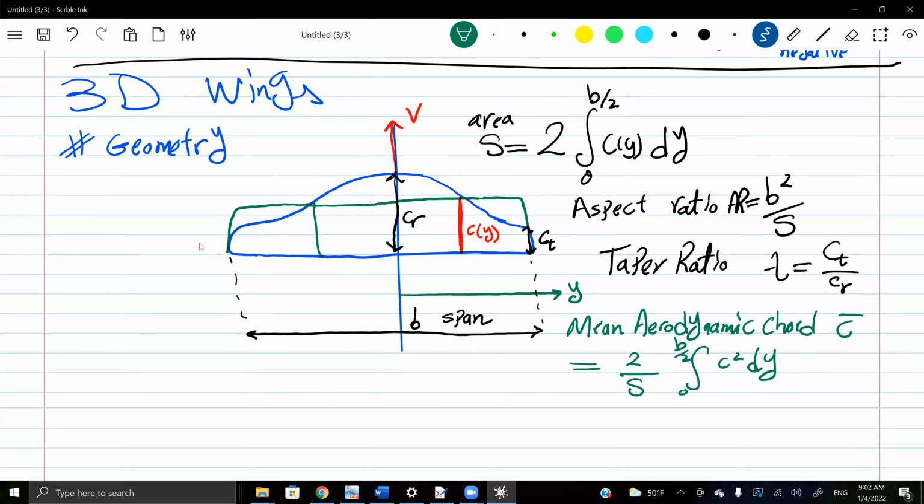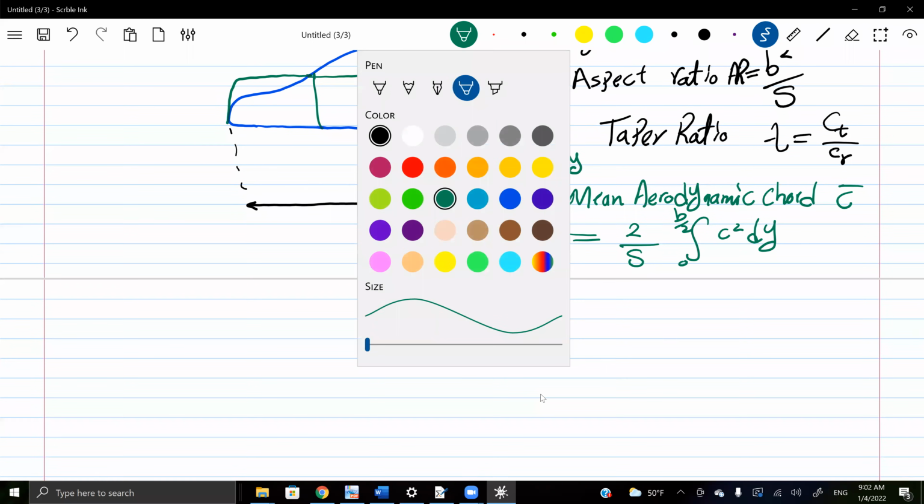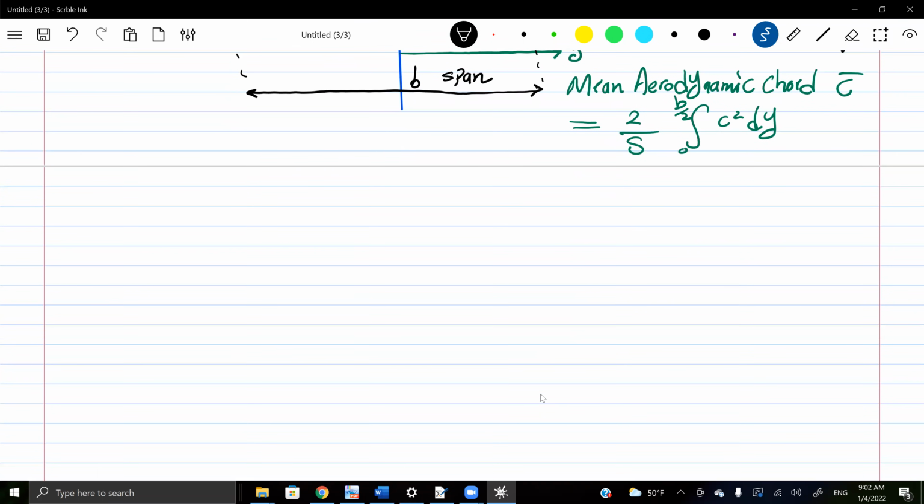So this rectangular wing, whose chord is the mean aerodynamic chord, should have the same aerodynamic characteristics as your generic wing. All right? Questions about that? So let's make this geometry specific to trapezoidal wings. These are the common ones.